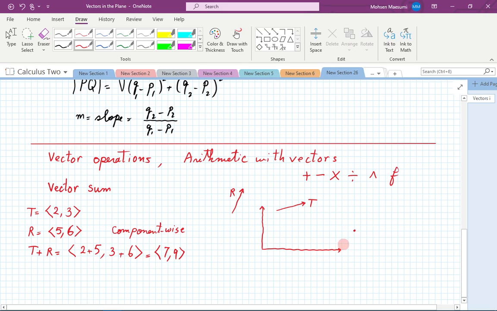Maybe I come to some arbitrary location here and duplicate my t, parallel to that, same kind of displacement. Then maybe I color this differently so that we can follow it better. I start my second vector where the first one finished, so here I will draw my r. The result of this sum, let's call it w, is what takes me from the starting point to the final point.